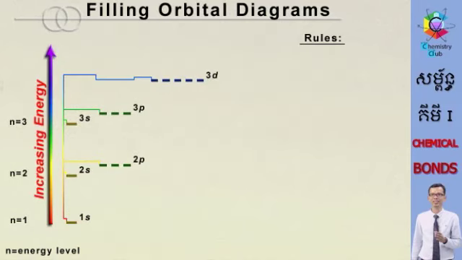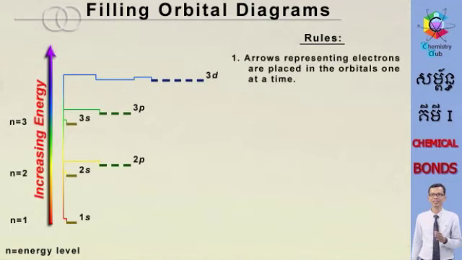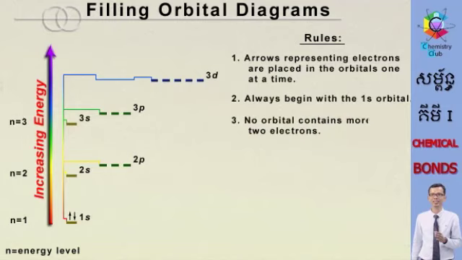There are a few rules you should know prior to placing electrons in the orbital diagram. First, arrows representing electrons are placed in the orbitals one at a time. Second, always begin with the 1s orbital because it has the lowest energy. Third, no orbital can have more than 2 electrons, and the 2 electrons are displayed in opposite directions.